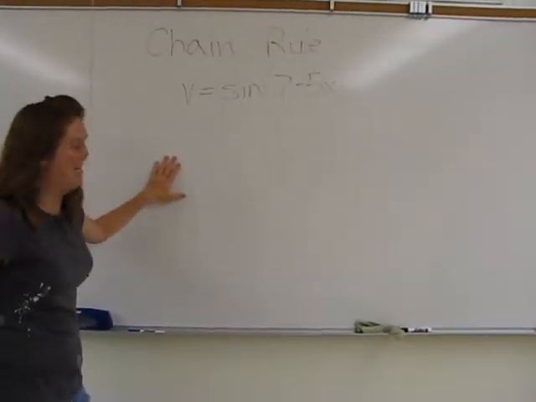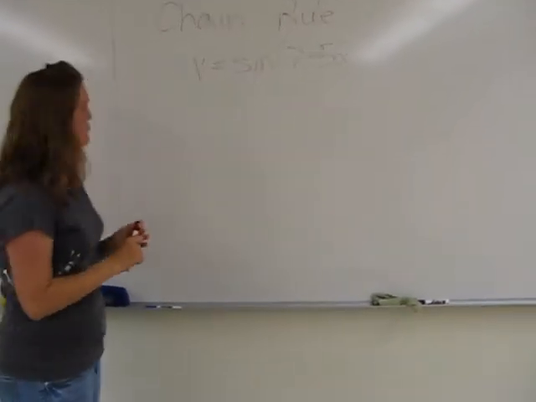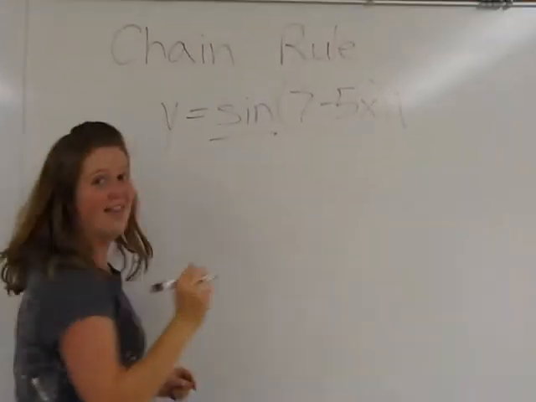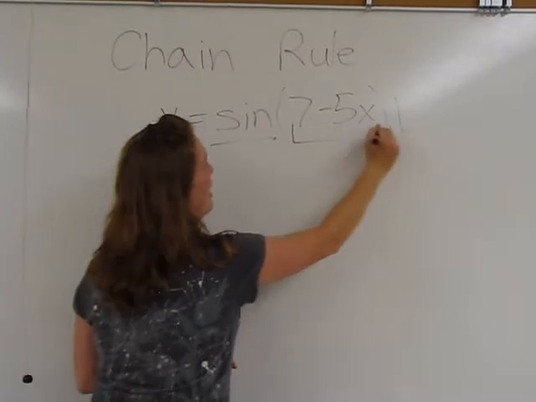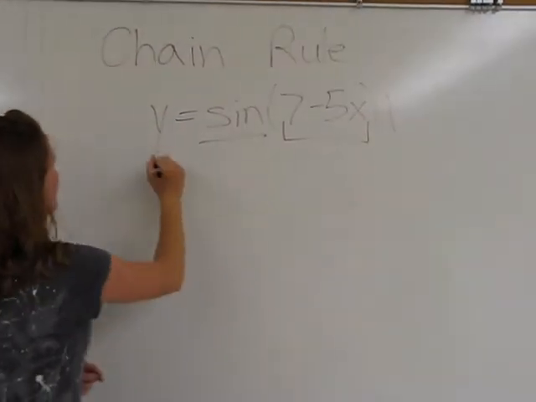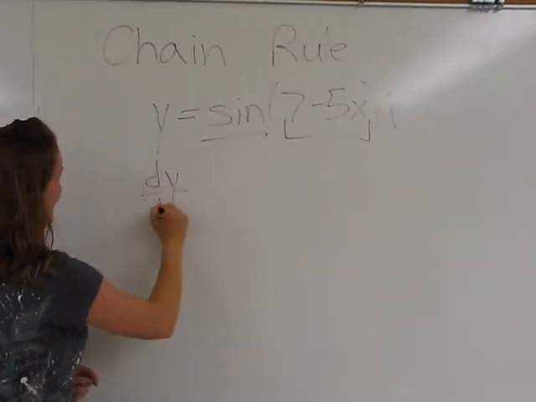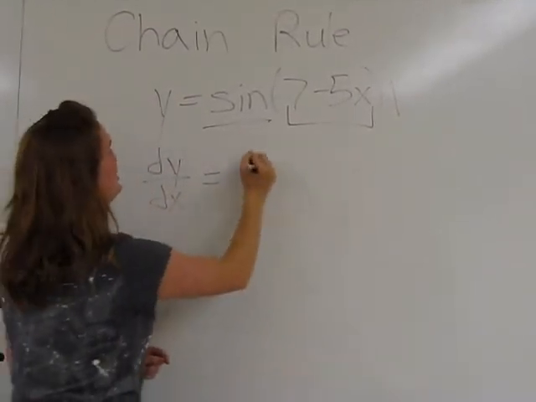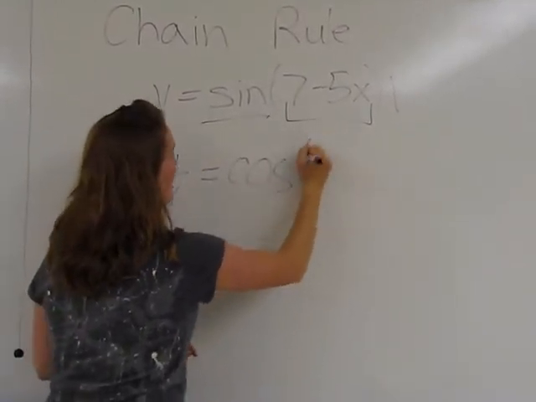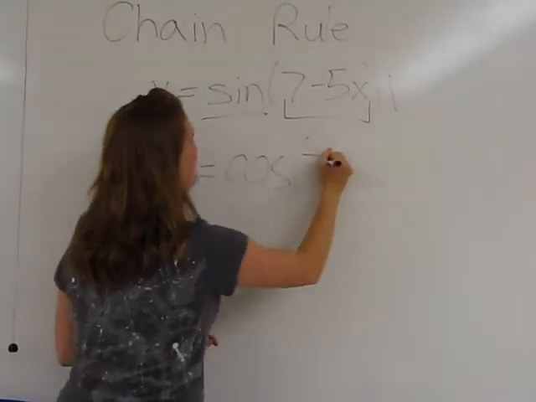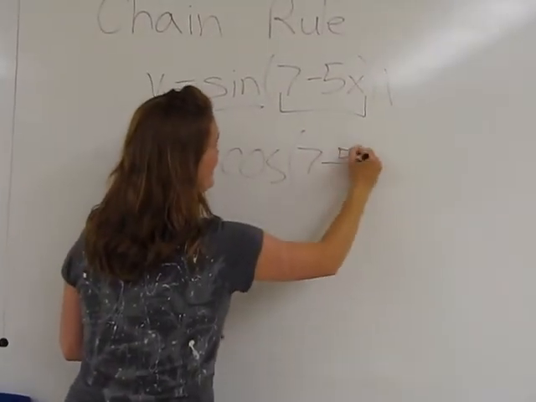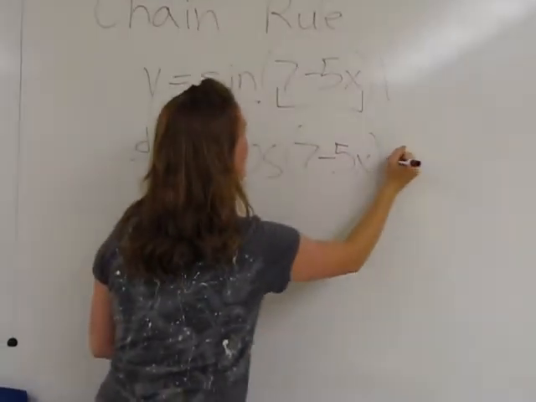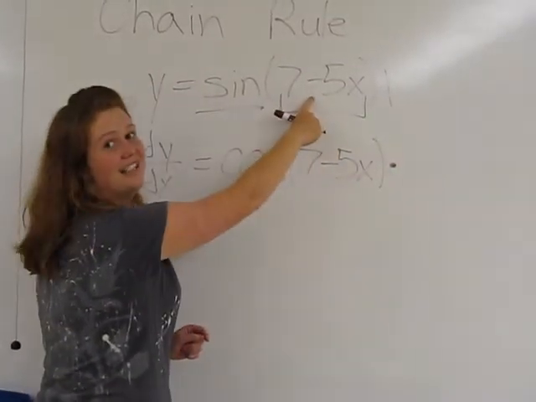Alright, so for the chain rule, what we're going to do is first take the derivative of the outside, and then take the derivative of the inside. So dy/dx is equal to the derivative of sine, which is cosine, of the same inside, 7 minus 5x, times the derivative of the inside.